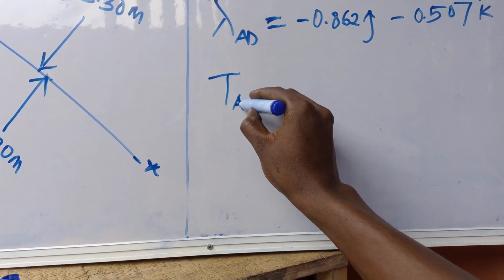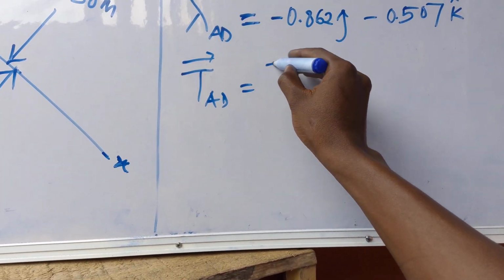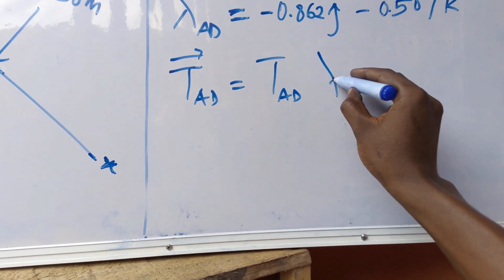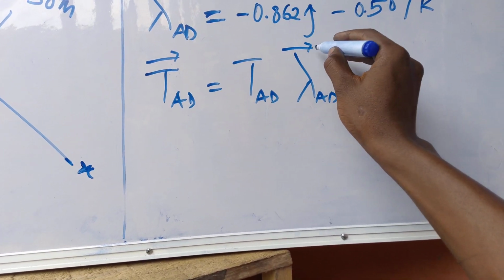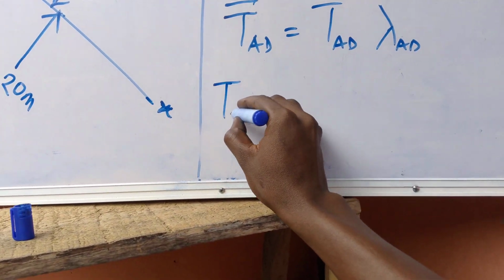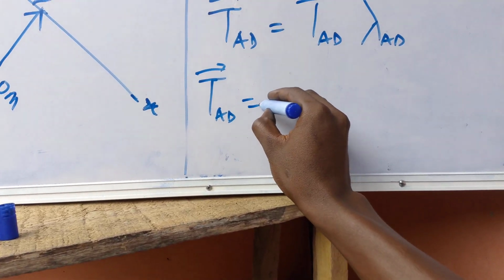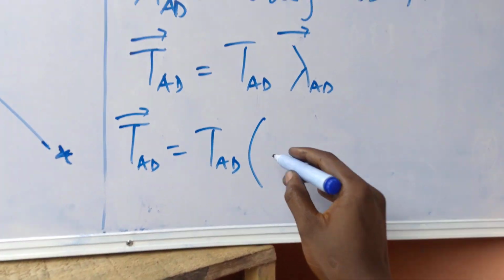So tension AD is TAD lambda AD. That means vector tension AD will be TAD times lambda AD.